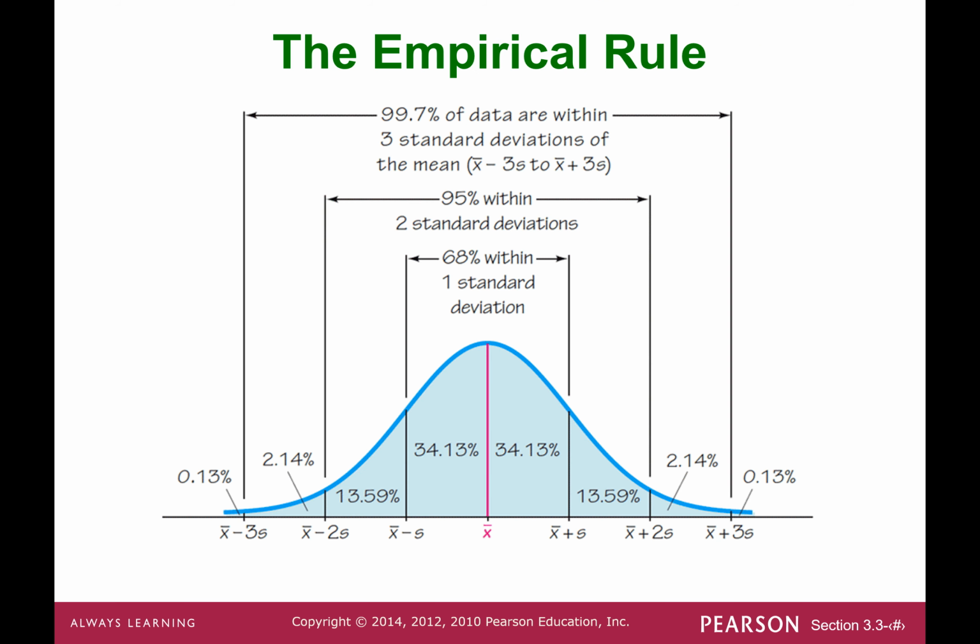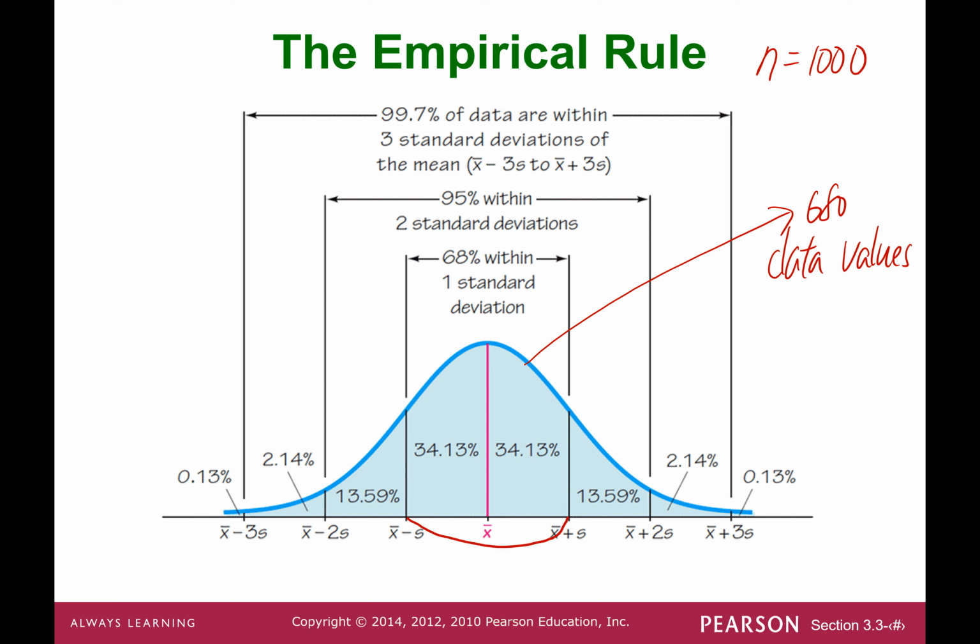Now, graphically speaking, this is one standard deviation from the mean, and we have 68% of data values. Assuming we have a sample size of 1,000, that means 680 data values fall within one standard deviation of the mean.